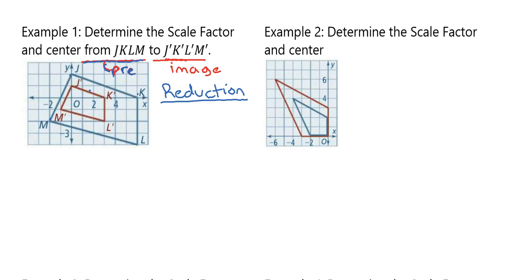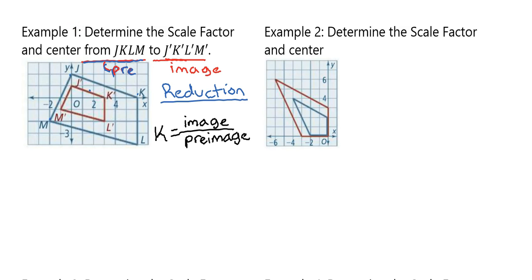Now I want to find my scale factor. Again, we use K to represent our scale factor. So how do we find our scale factor? Our scale factor equals our image divided by our pre-image. All we're going to do is choose any point on here.